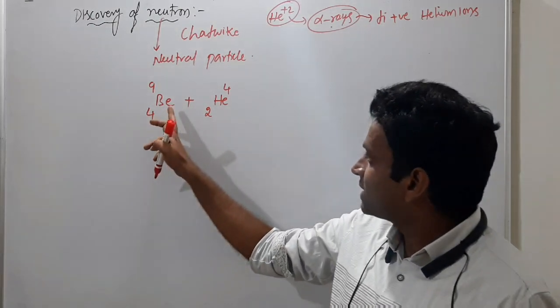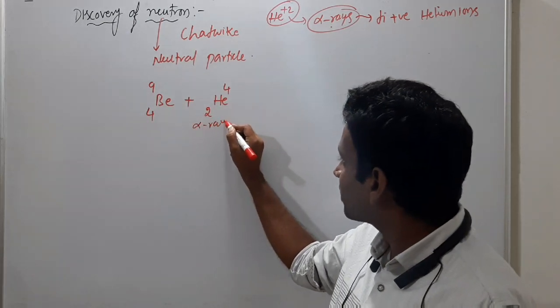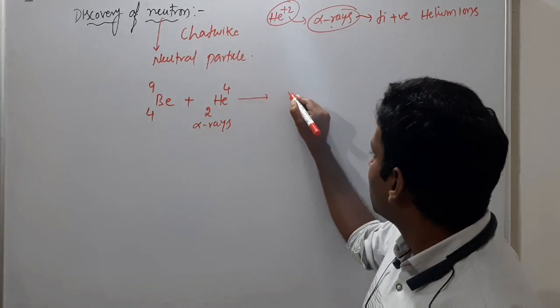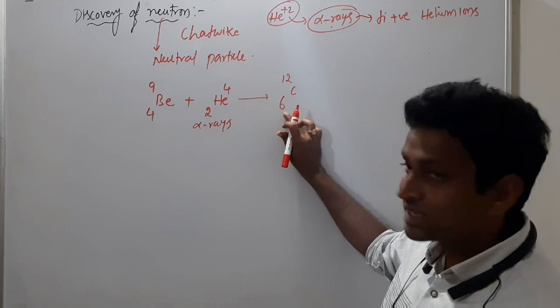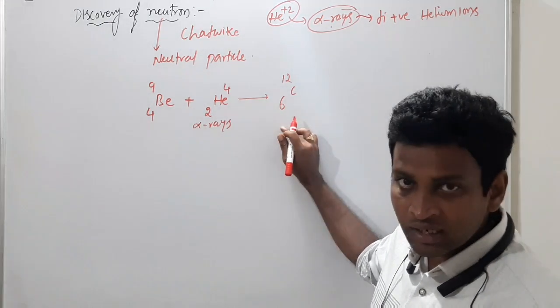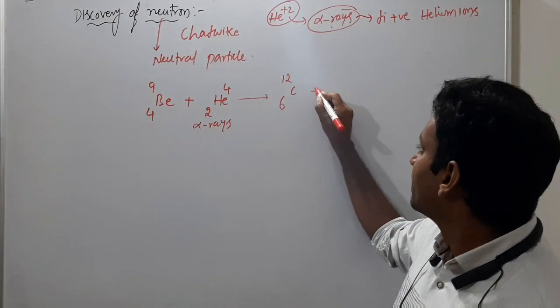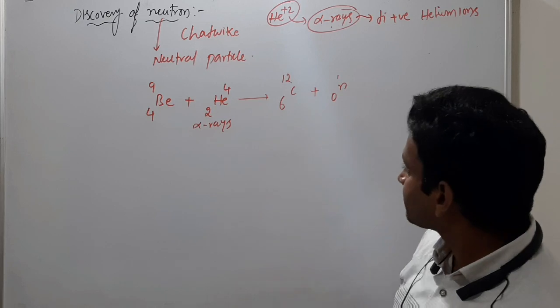So he sent these alpha rays through beryllium sheets, and he observed the formation of carbon. 6 is the atomic number of carbon; carbon's atomic number is 6 and mass number is 12. And some 0 and 1.